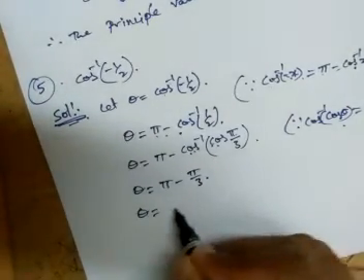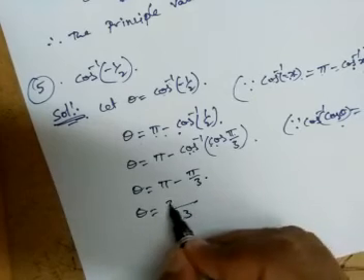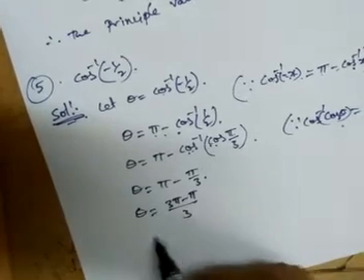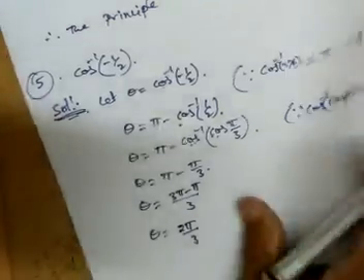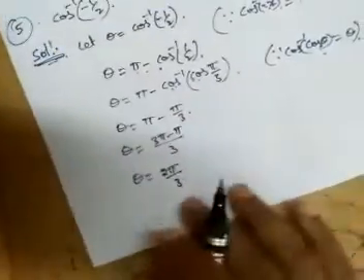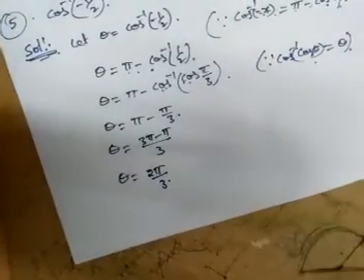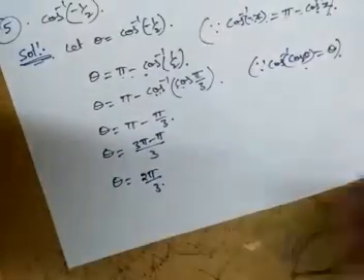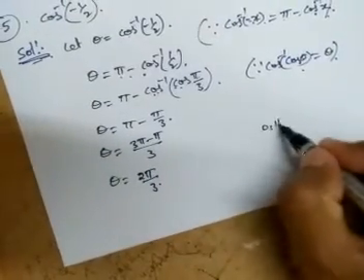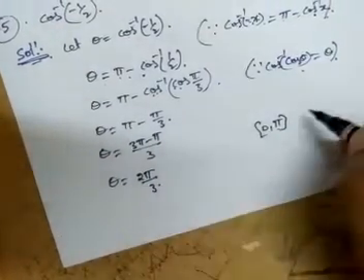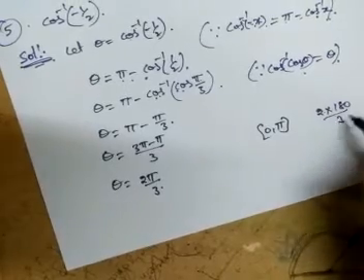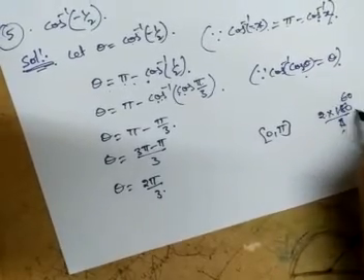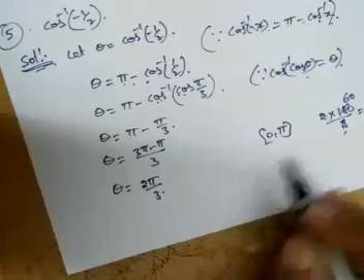So theta equals, now take the LCM, 3 pi minus pi, that is theta equals 2 pi by 3. Now we check whether this angle theta lies in the cos range or not. We know the cos range is 0 to pi. What is the value of 2 pi by 3? 2 times 180 by 3 equals 120.